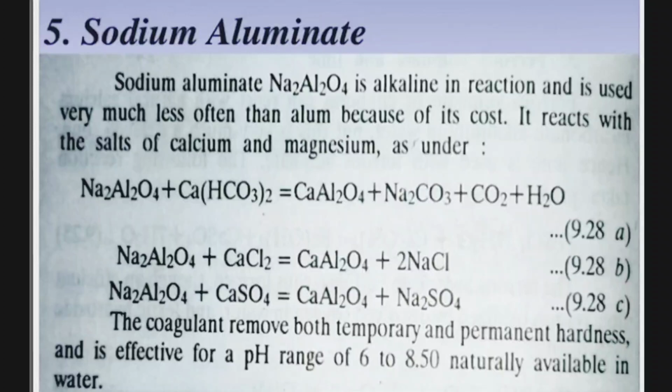Further, the third reaction: Na2Al2O4, sodium aluminate, reacts with calcium sulfate and gives us calcium aluminate and sodium sulfate. So these reactions form when sodium aluminate is mixed with water, which gives us a precipitate of calcium or magnesium aluminate.